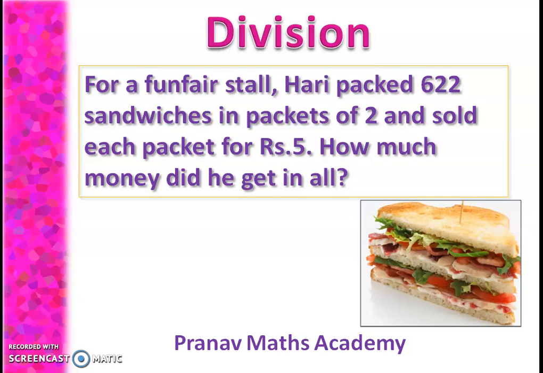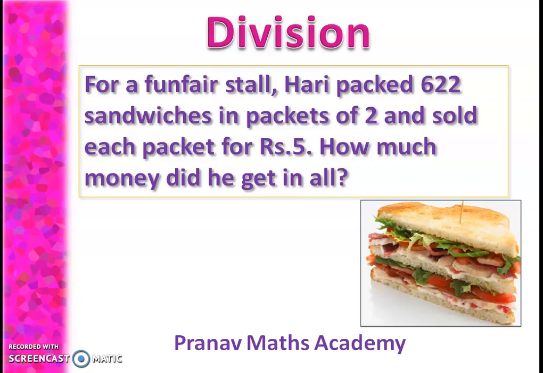For a fun fair stall, Hari packed 622 sandwiches in packets of 2 and sold each packet for rupees 5. How much money did he get in all? Here, first the sandwiches are packed in packets of 2.